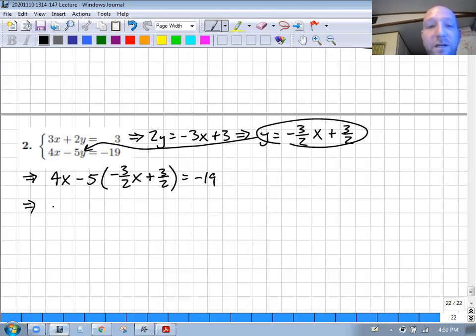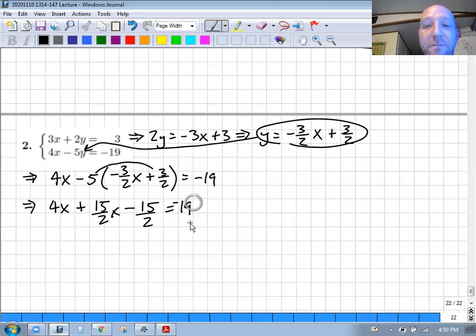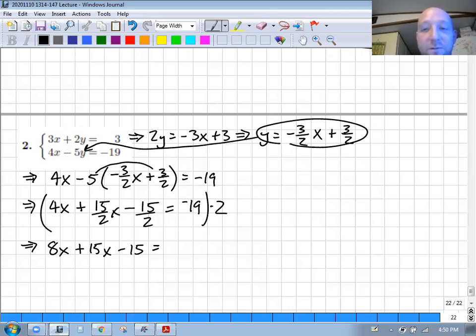So if I multiply my 5 through, I got a plus 15 halves x minus 15 halves equals negative 19. All right, this time, just to get rid of the fractions, I'm going to multiply both sides by 2. So I got 8x plus 15x minus 15 equals negative 38.